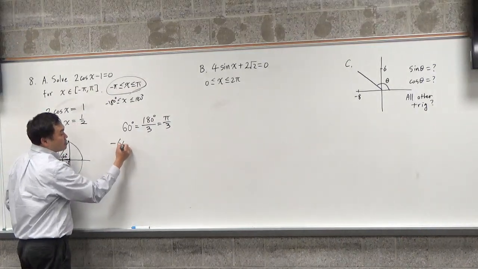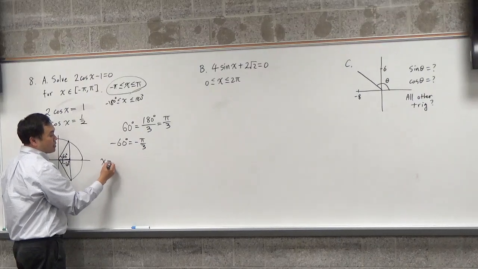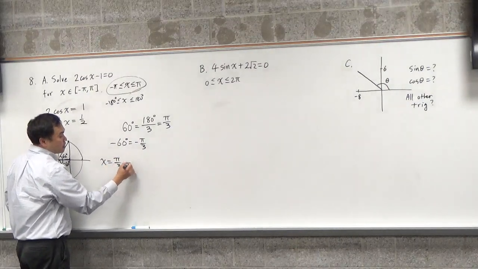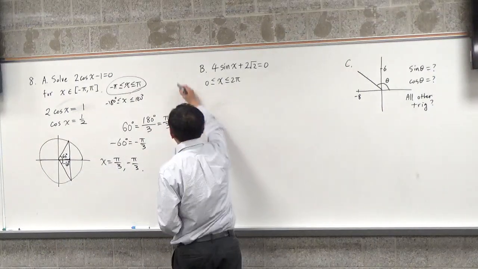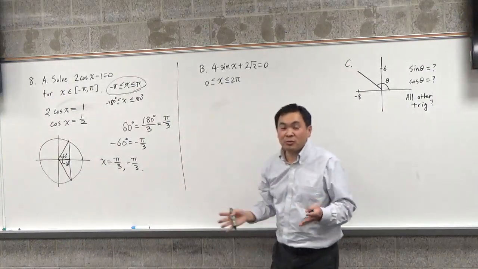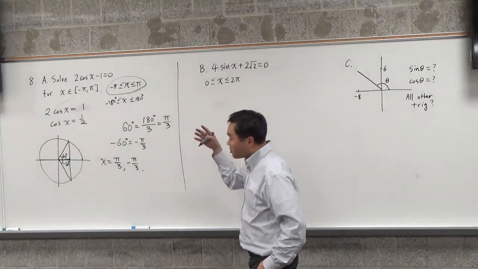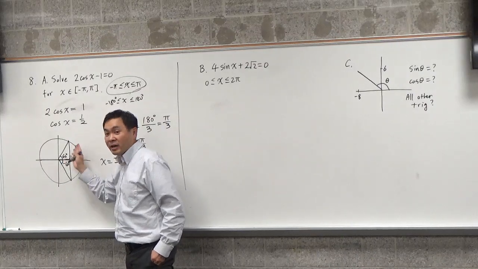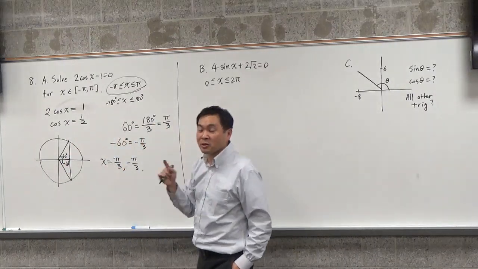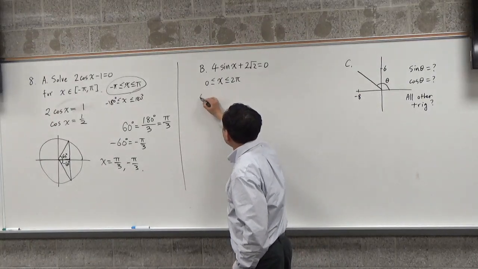So negative 60 degrees would be negative pi over 3, and therefore the answer is pi over 3 and negative pi over 3. Okay, so if you know the unit circle well, these are easy questions. If you don't have the picture right, if you don't know how to read the correct picture, then these will be very hard. Okay, let's go to the next question.